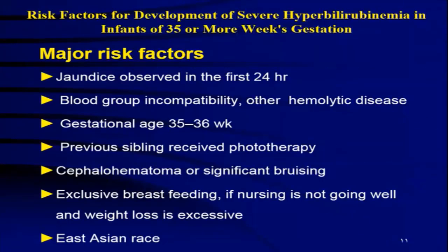The risk factors for the development of severe hyperbilirubinemia in an infant of 35 or more weeks of gestation may be major risk factors, minor, and decreased risk factors.